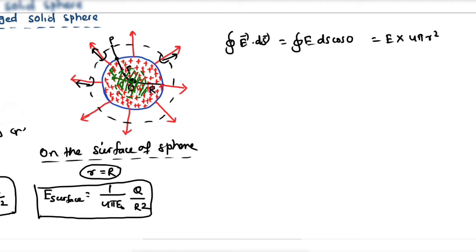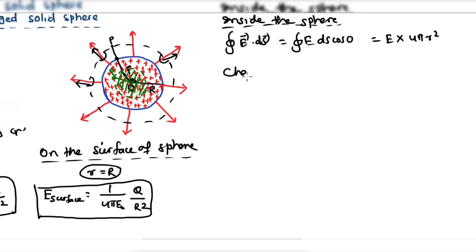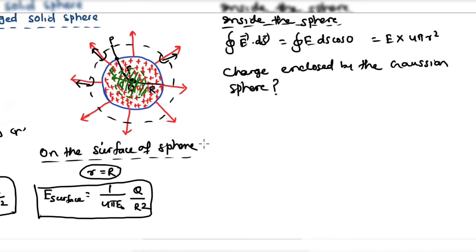So this is the derivation for inside the sphere. Okay, so how to find the charge enclosed by the Gaussian sphere or the Gaussian surface? How to find the charge enclosed by the Gaussian sphere?